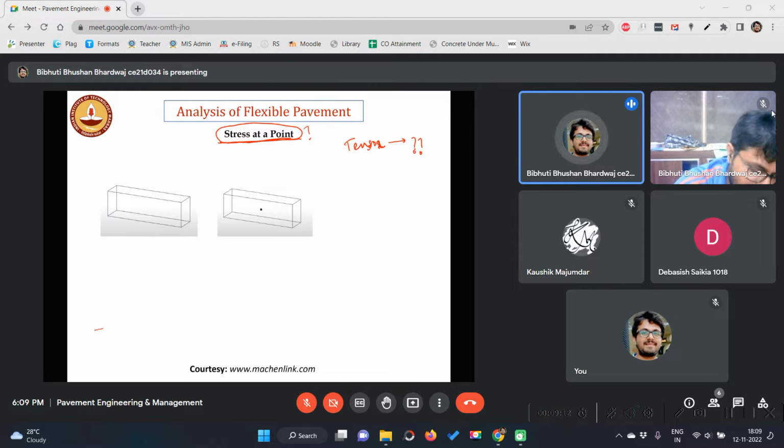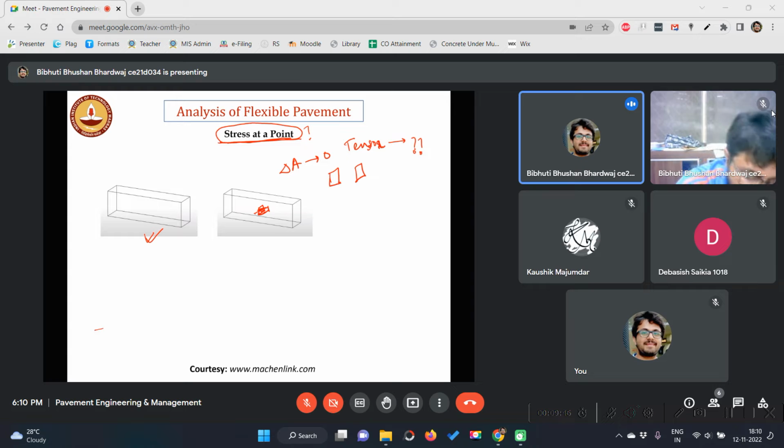So if this is my object and this is my point, and I want to define the stress at this particular point, then we will need a surface, because ultimately some surface can be there here also. This surface, suppose delta A, will tend to 0 because this is at a point.